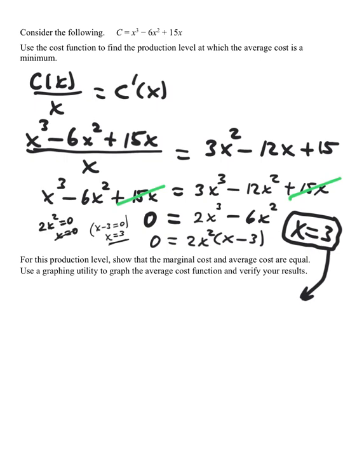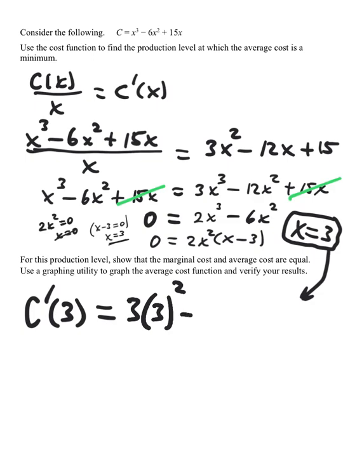Average cost and marginal cost will both get a 3 subbed into it. So we're going to put a 3 into the derivative. That is 3 times 3 squared minus 12 times 3 plus 15.